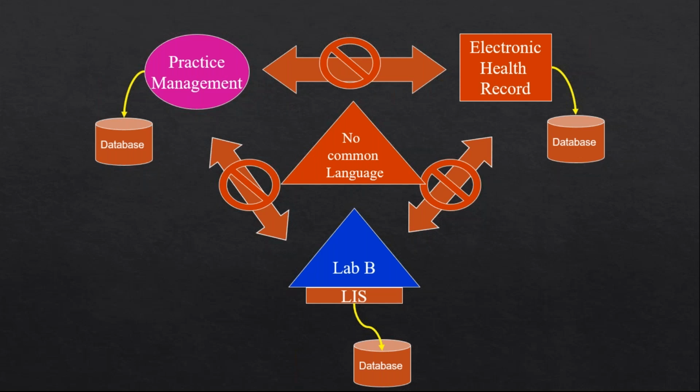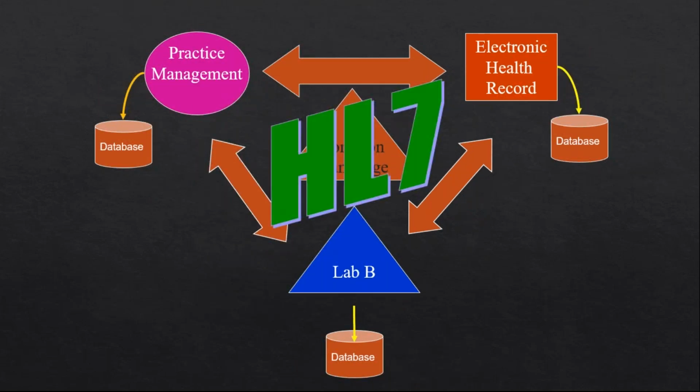The integration engineer on the PM side doesn't even need to understand the architecture of the other databases at all. So to avoid understanding other databases and the time consumed there, and also to make the execution faster, they came up with this idea of having a common language called HL7.